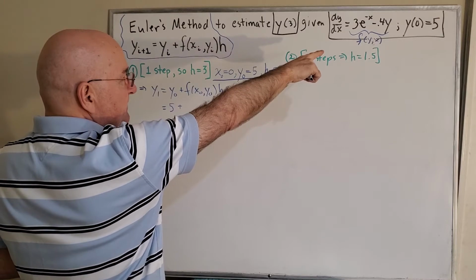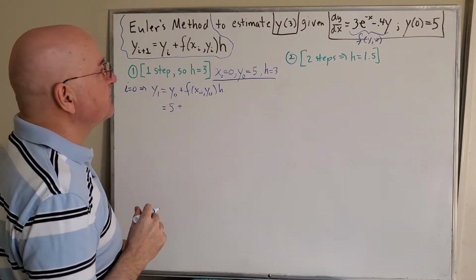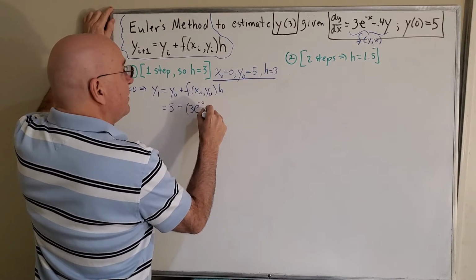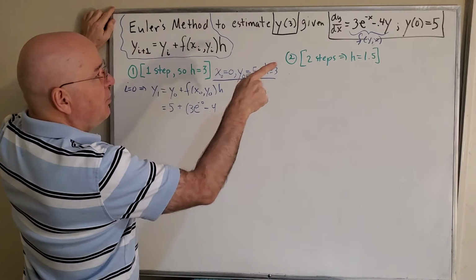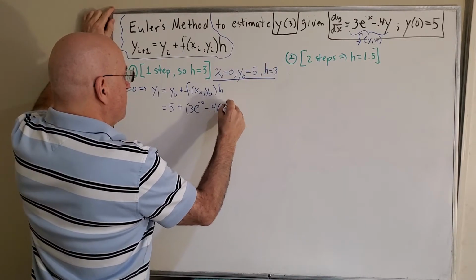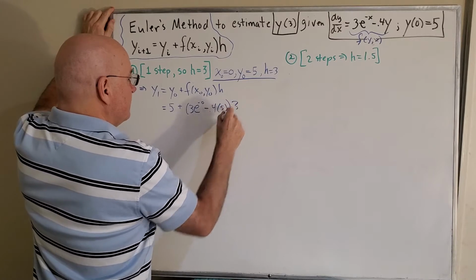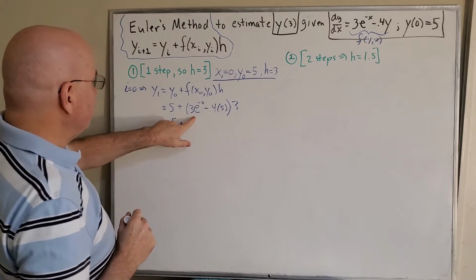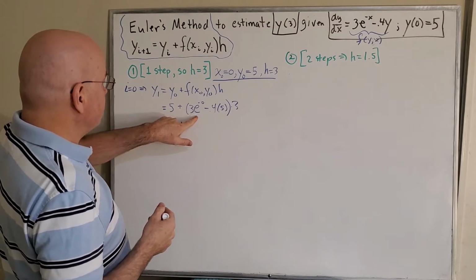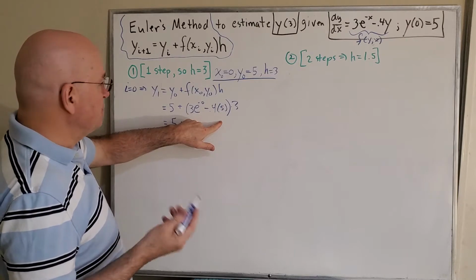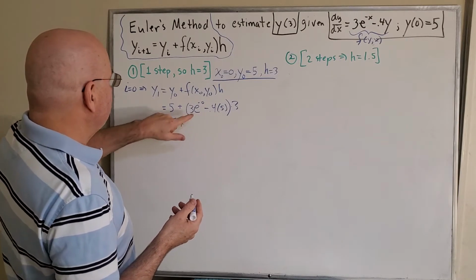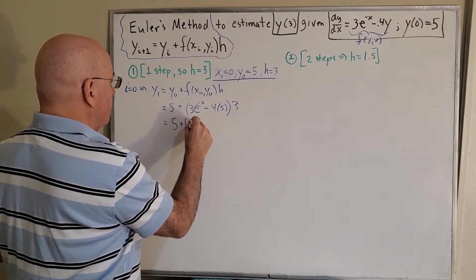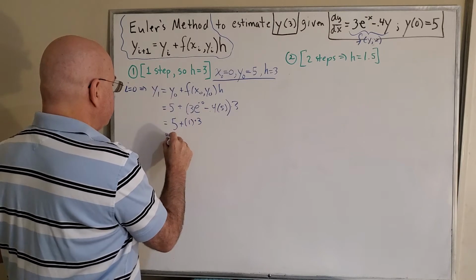X is 0, so we get 3e to the negative 0 minus 0.4 times y, which is 5, times h, which is the step size, 3. So that gives us 5 plus 3e to the 0 is 3 times 1, 0.4 times 5 is 2. So we've got 3 minus 2, which is just 1, times 3. So we get 8.